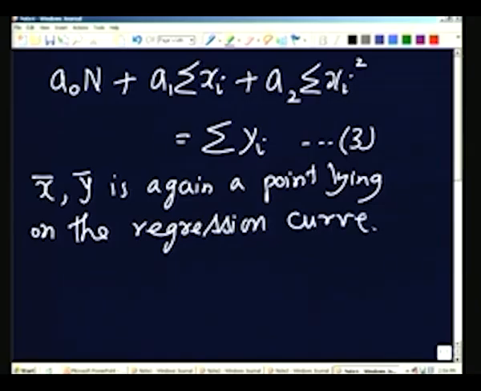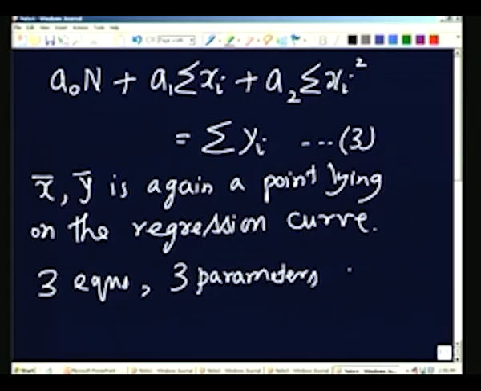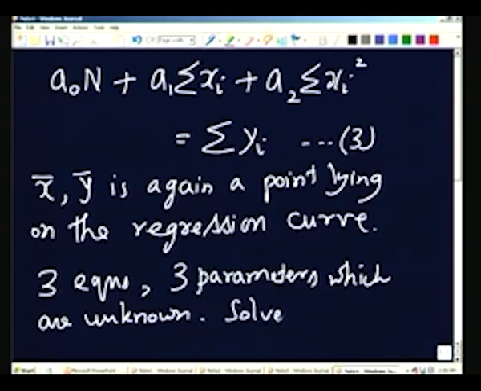So, we have 3 equations and 3 parameters which are unknown, and we can easily solve for these by using Cramer's rule, or by successive elimination we can do that one, solve by any suitable method.